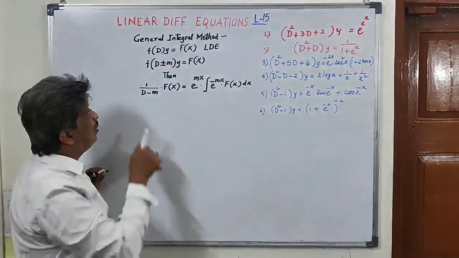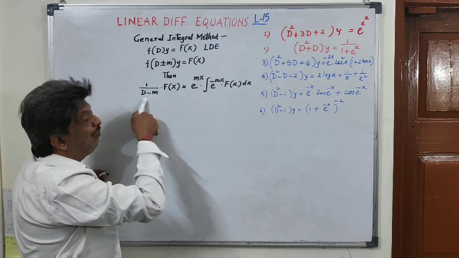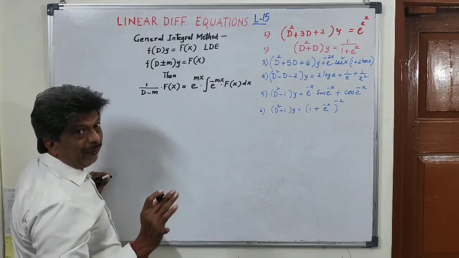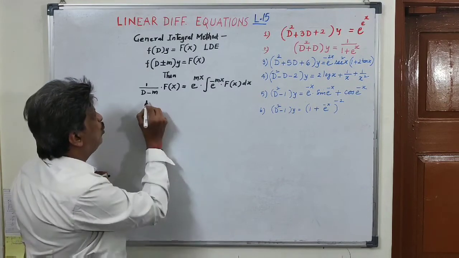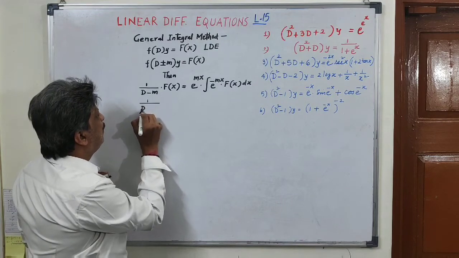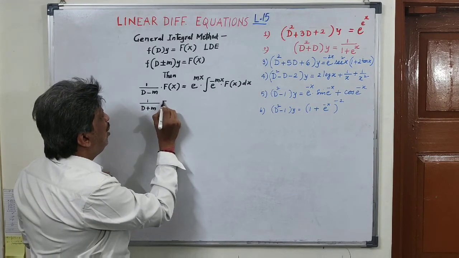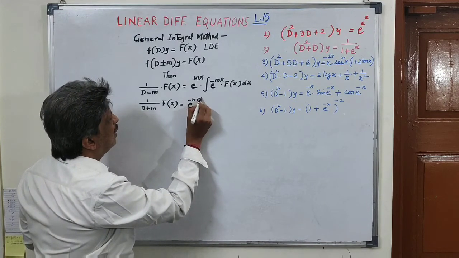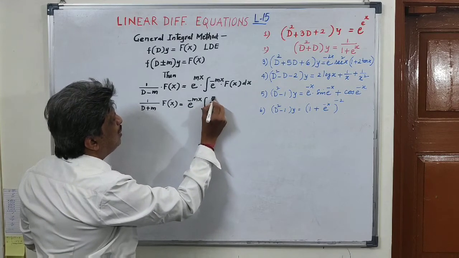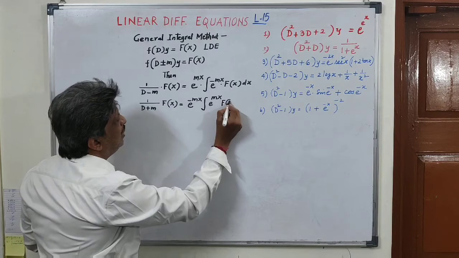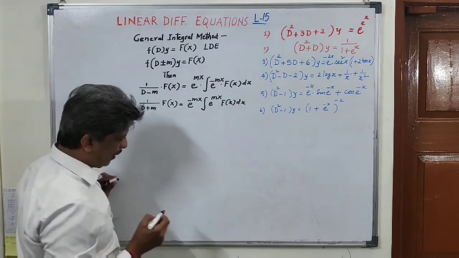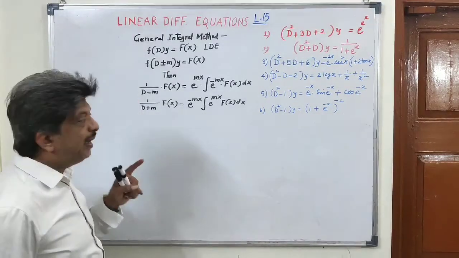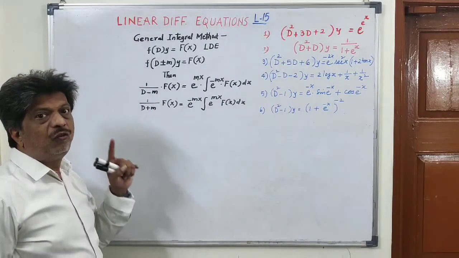That means if your function is of the type D minus m, and if I replace m by minus m, it would be 1 upon (D plus m) operating on F(x), which is equal to e raised to power minus mx into integral e raised to power plus mx F(x) dx. These two formulae are called the general integral formulae.